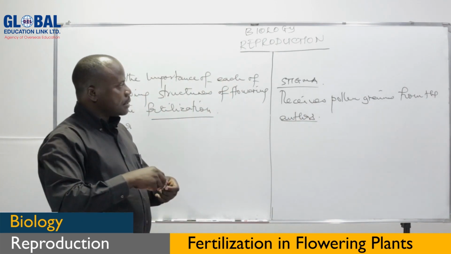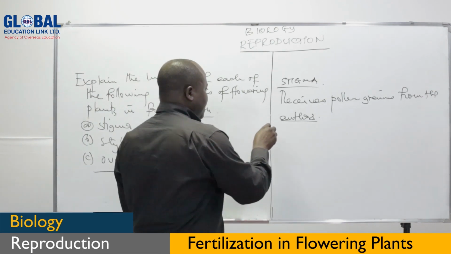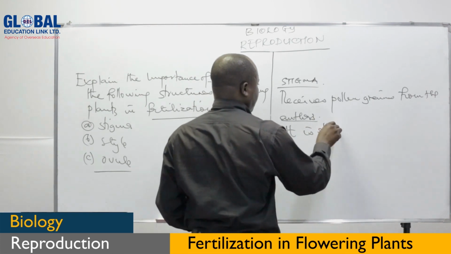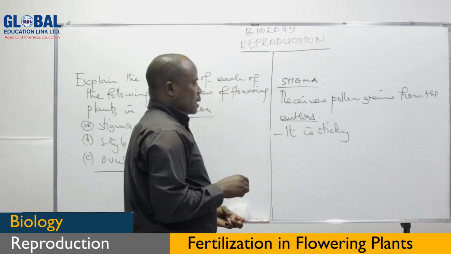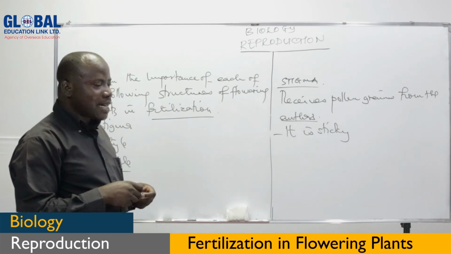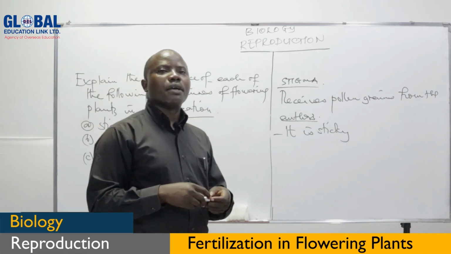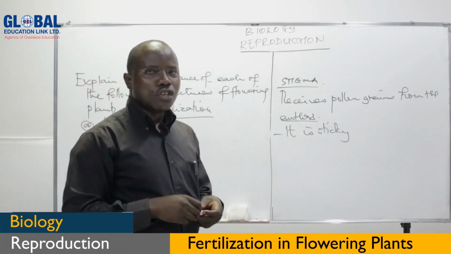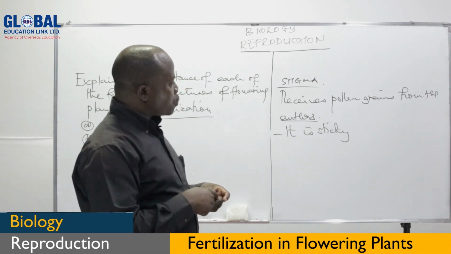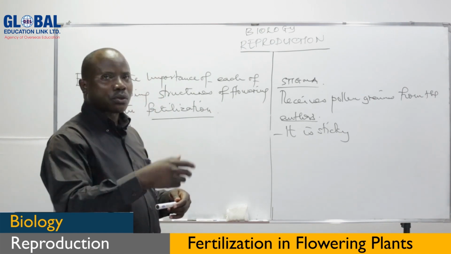How does it perform its work? It means that the stigma is sticky. This stickiness allows the pollen grain to stick on it when it is brought by wind or insect during the process of pollination. Dear students, to answer this part, you will have to explain the importance of what?